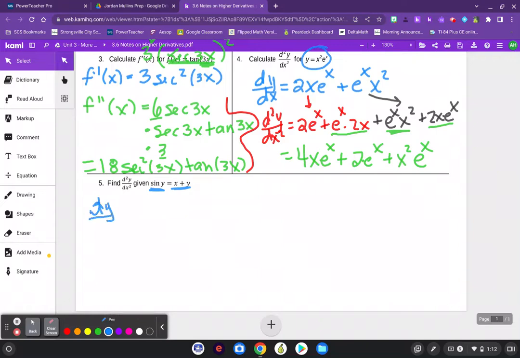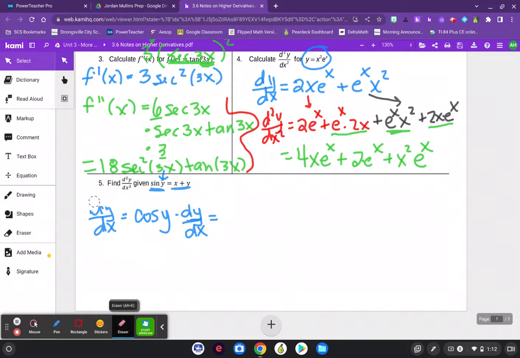So let's do dy dx. So the derivative of sine is cosine of y stays there, times, remember when I take the derivative of a variable that is not the independent variable, I have to multiply by the derivative of y, so multiply by y prime or by dy dx equals, you know what?